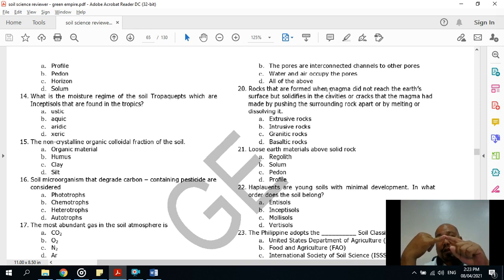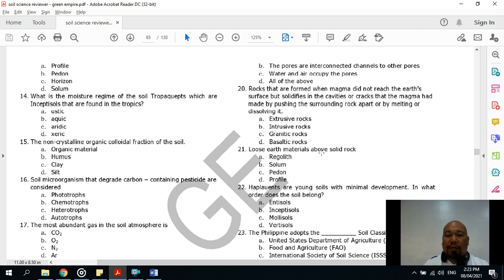Ang extrusive are the ones nga katong mugawas sa surface, mo adto sa babaw sa crust, and then didto siya mo solidify. Intrusive, on the other hand, is dito siya sa ilaw. So based on this description, may solidify siya sa ilaw. Rocks that are formed when magma did not reach the Earth's surface but solidifies in the cavities, intrusive na siya. Okay? Granitic rocks, basalt, kining granite, kining basalt, both are still igneous rocks. Money extrusive or intrusive. So correct answer for number 20 should be intrusive.